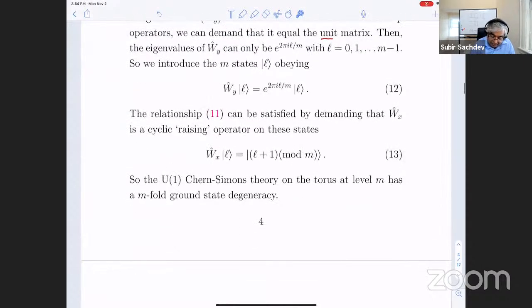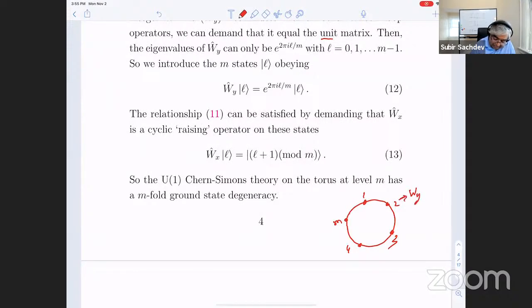So basically, the way to think about it, you have a circle again, and on the circle you have m states: 1, 2, 3, 4, all the way up to m. On each point, Wy acting on any one of these states is just a unit number, e to the 2 pi i L over m.